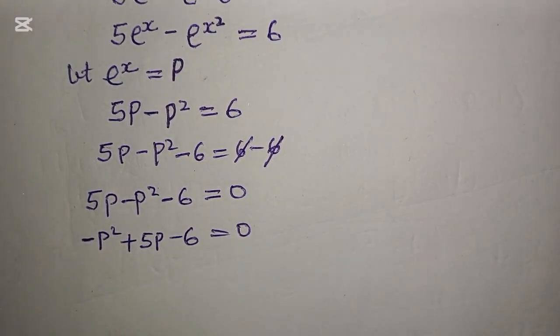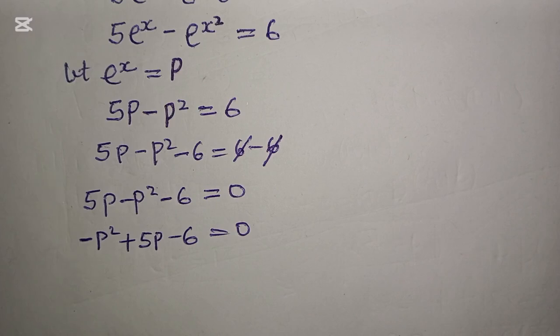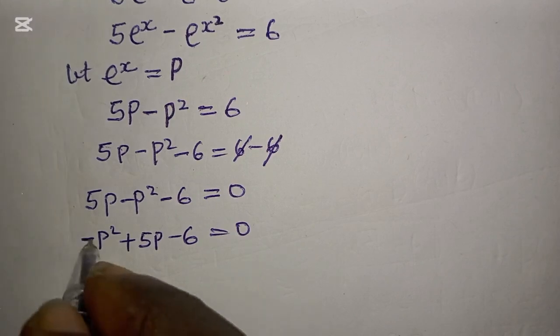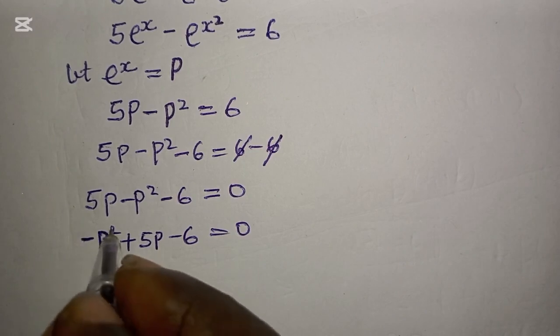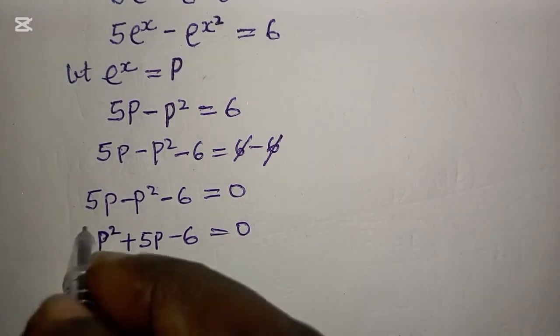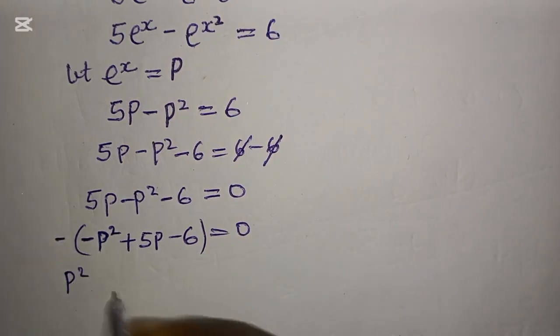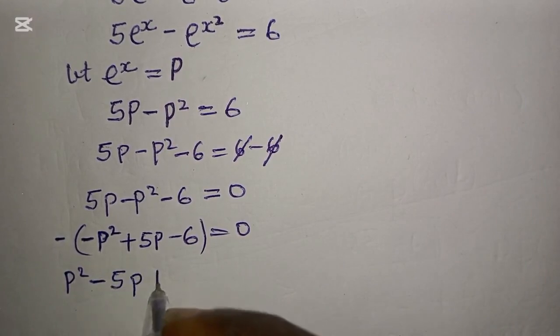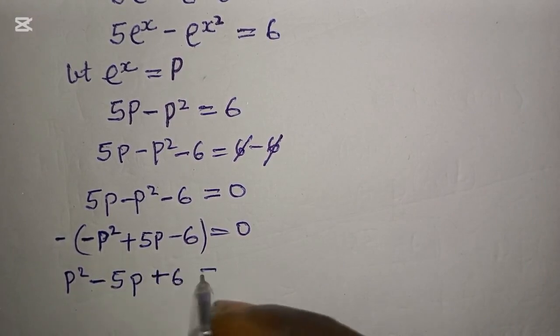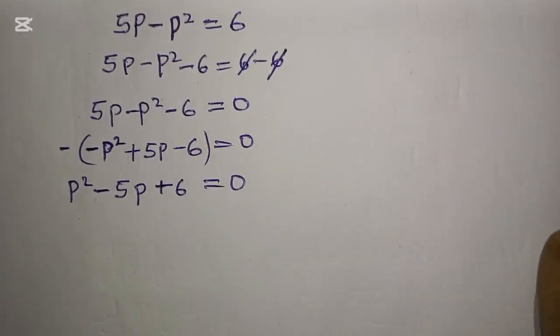So we can multiply all by minus 1, so that our p squared will not have a negative sign. If you do that, we are going to have p squared minus 5p plus 6 equals 0.